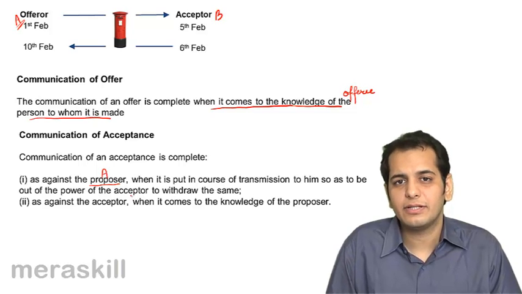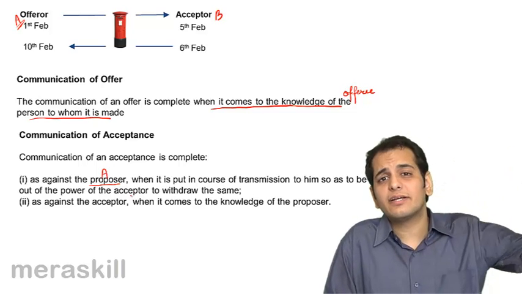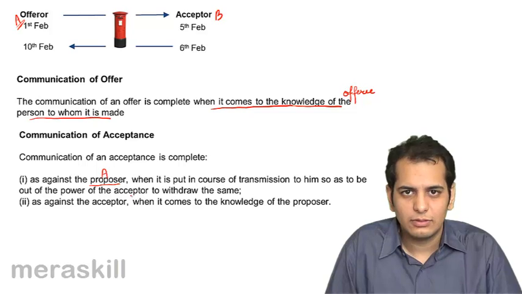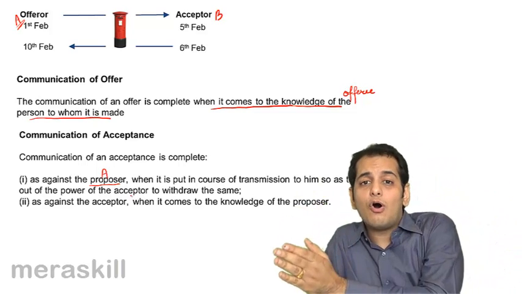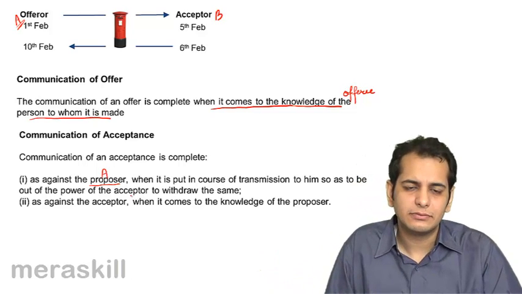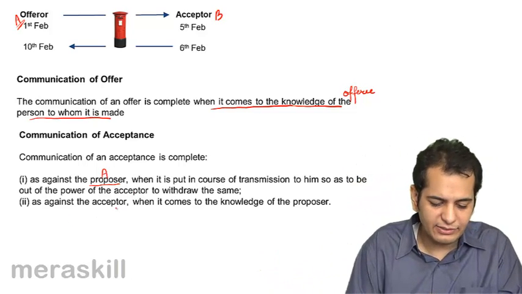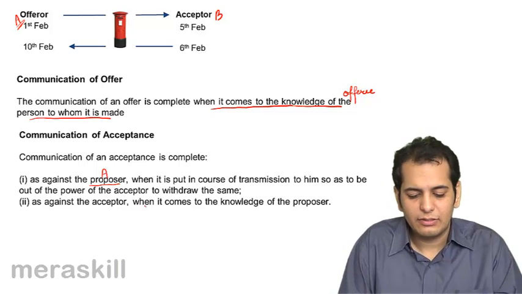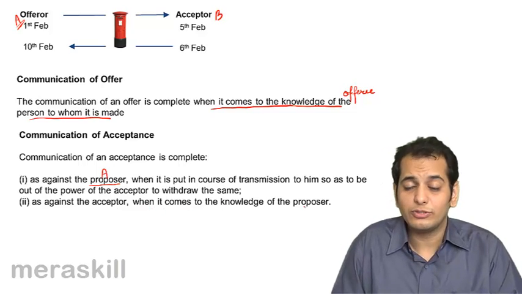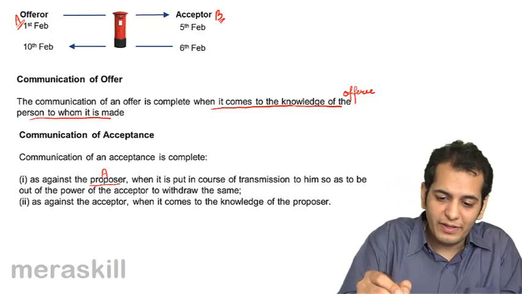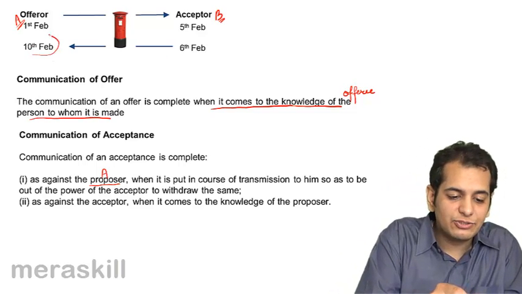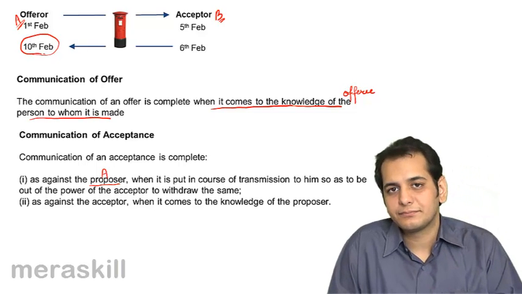And then we can say communication of acceptance as against the proposer is complete. So when is the communication of acceptance complete as against the offeree or the acceptor? Let's see. As against the acceptor, it is complete when it comes to the knowledge of the proposer. So for B, it is complete when the letter actually reaches A.